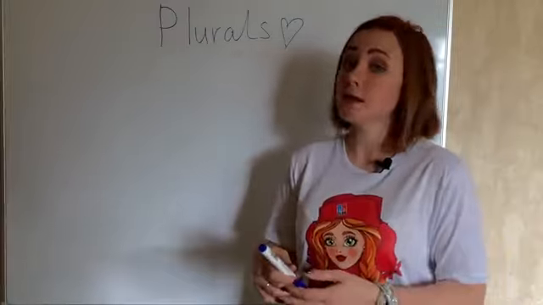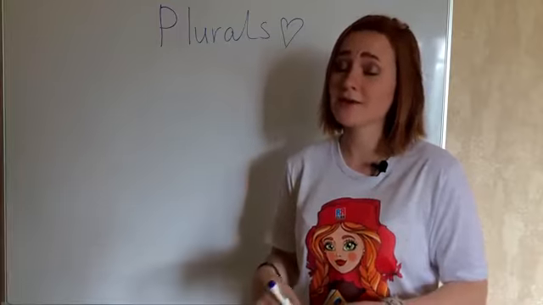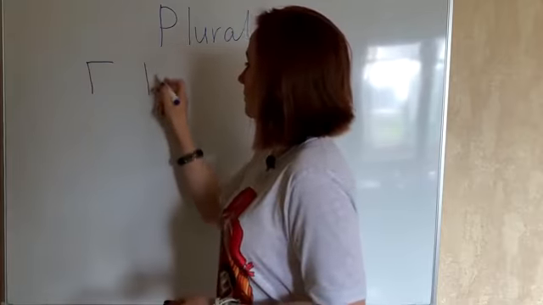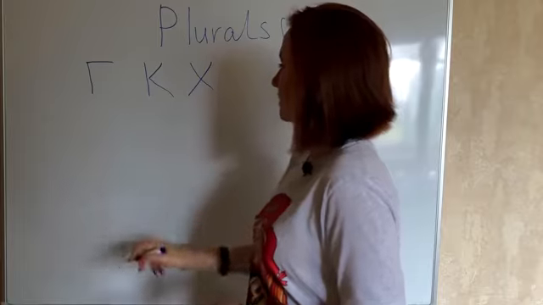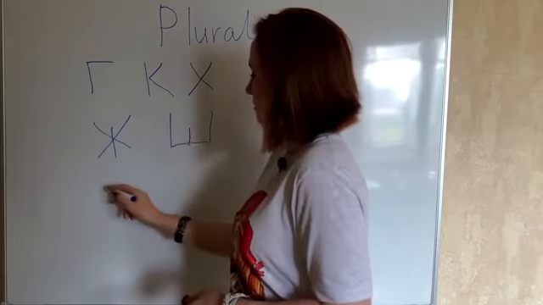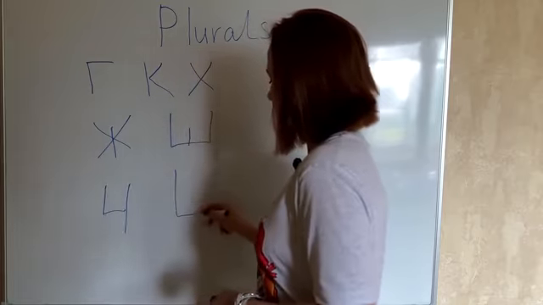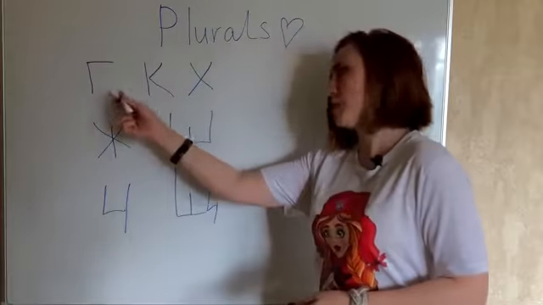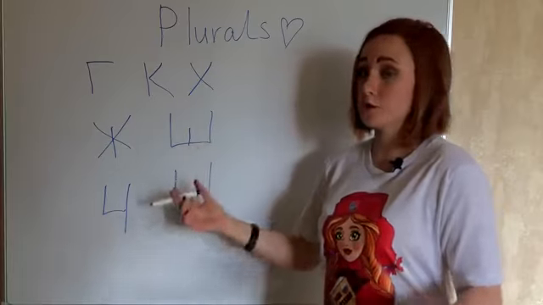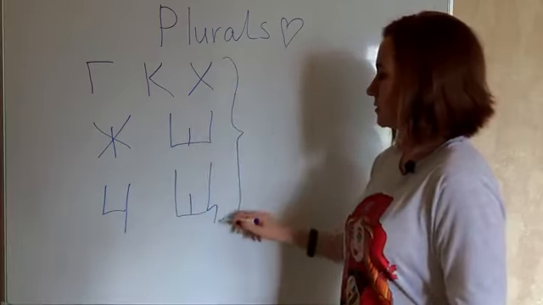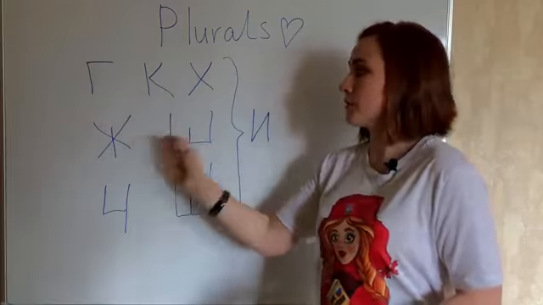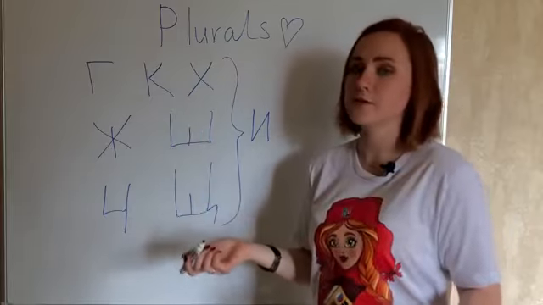And of course, just like in any other language, we have exceptions. So when you see any of these in the end: G, K, H, zh, sh, ch, shch, always E. Because in the first rule, I told you that if it ends with hard consonants, we put Y there.